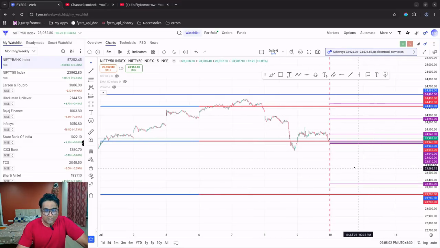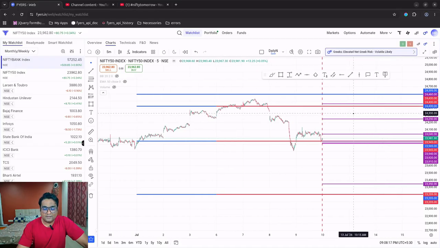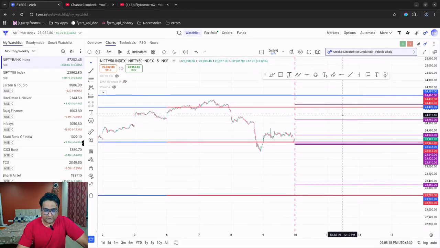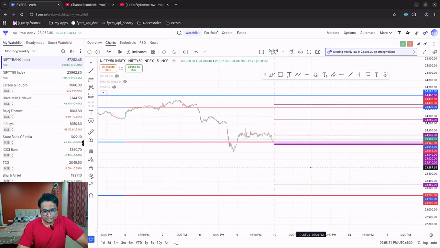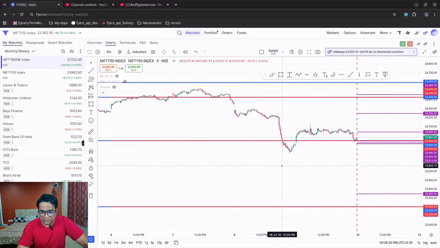These red key levels will be changed at the end of this week, and you will clearly see the monthly key levels and weekly key levels at distinct positions. So that is it.